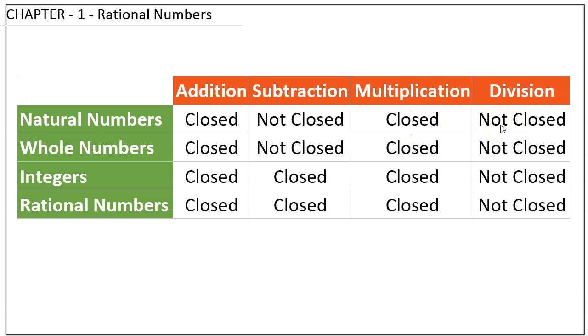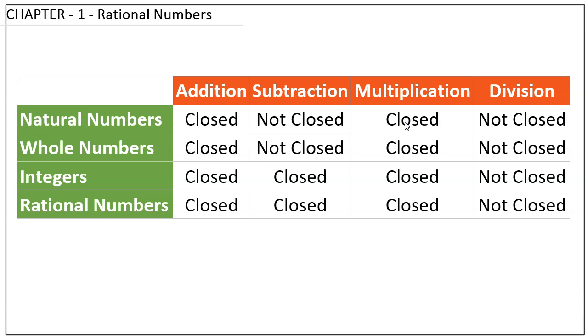The simple way to remember this table is that all the numbers are closed under addition and multiplication. That means if you add two numbers, it gives a number of the same category, and if you multiply two numbers, it gives a number from the same category. So for addition and multiplication, all kinds of numbers are closed.